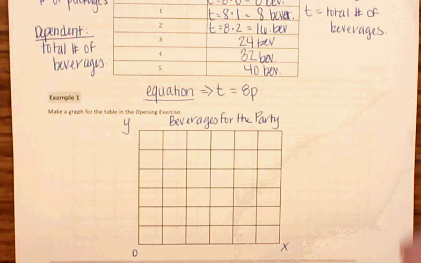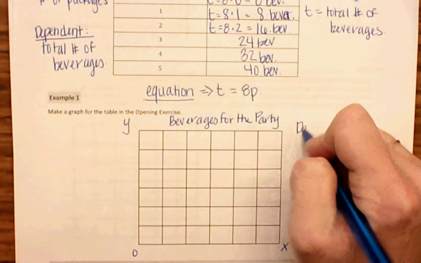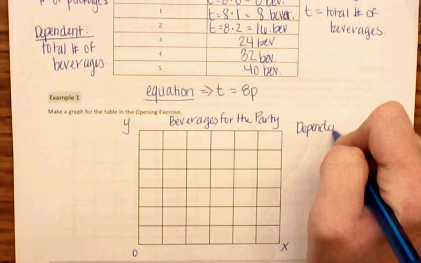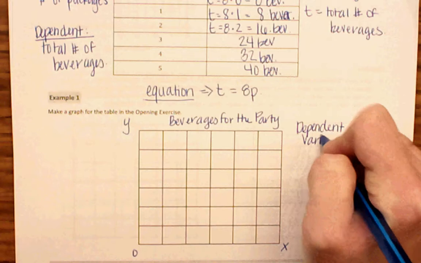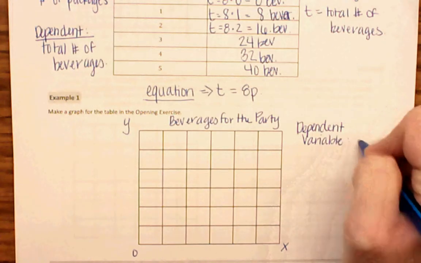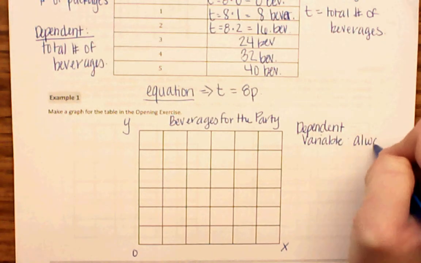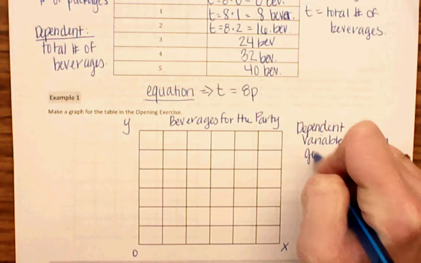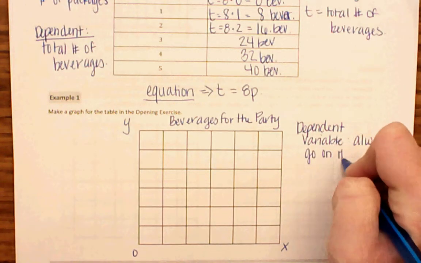Remember, your dependent is your total number of beverages, and your dependent variable will always go on the y-axis.